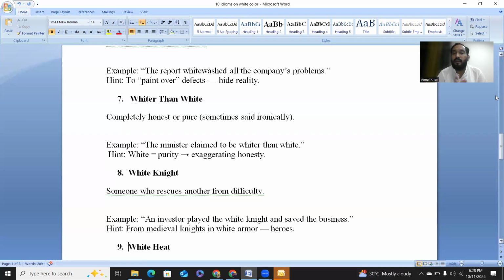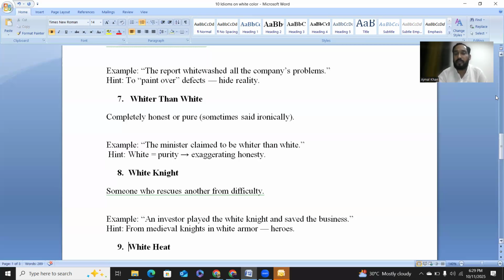The hint is from medieval knights in white armor, who were considered heroes. In the Middle Ages, a white knight used to dress in white, and they used to protect common subjects from tough, hard, and difficult times.